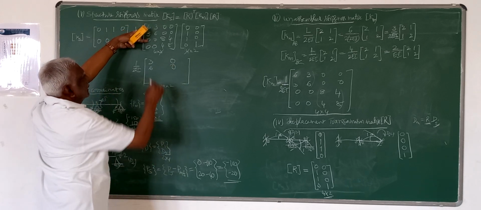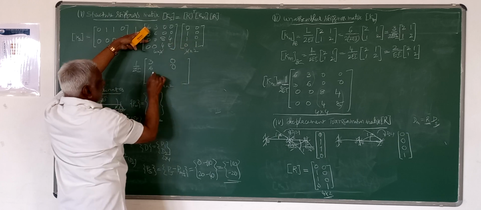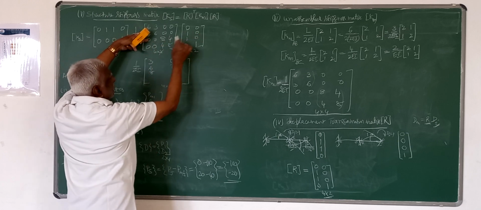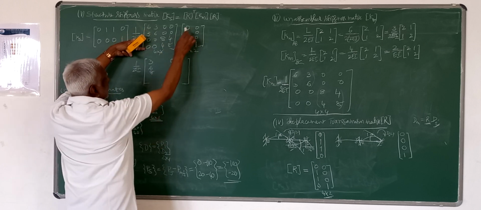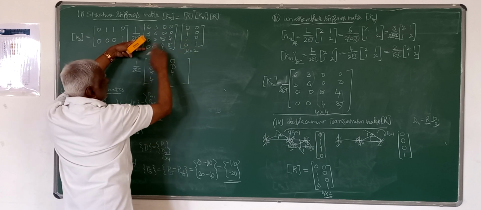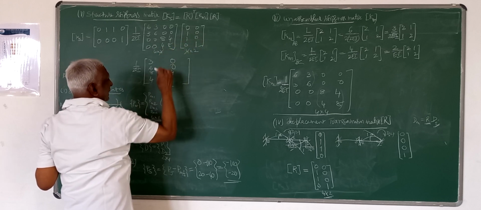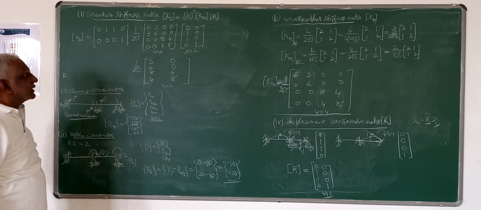Next third column, 0, 0, 8, it is 8. Then 0, 0, 0, 4. Next last, 0, 0, 4. Another side, then this, it is 0, 0, 0, 8. So that is a 4 by 2 matrix.